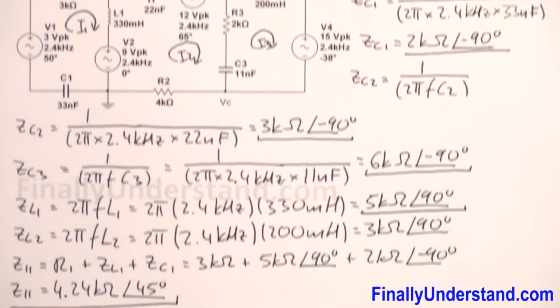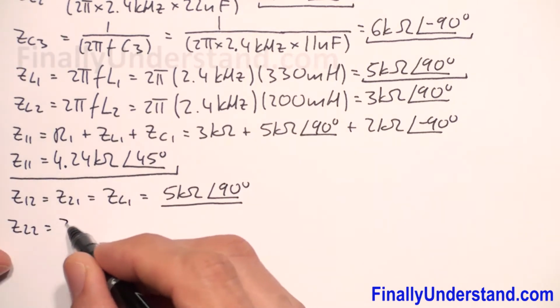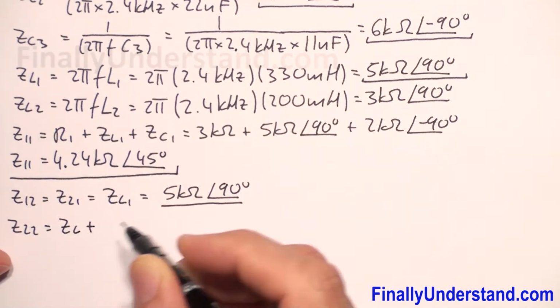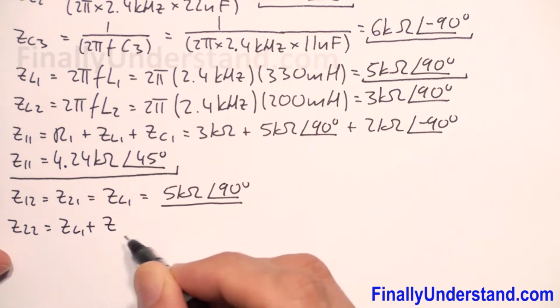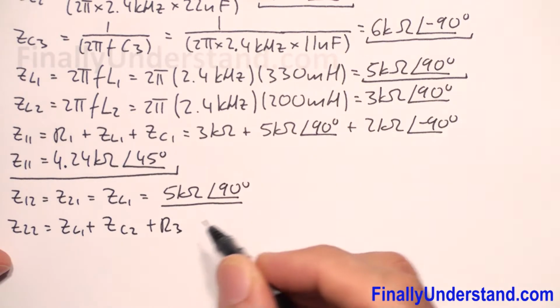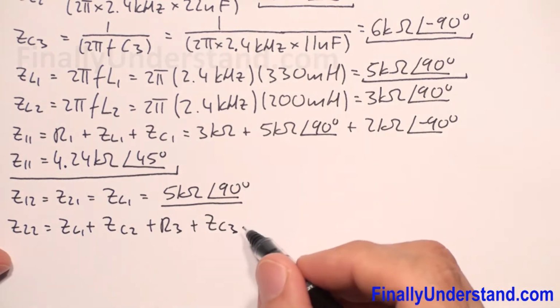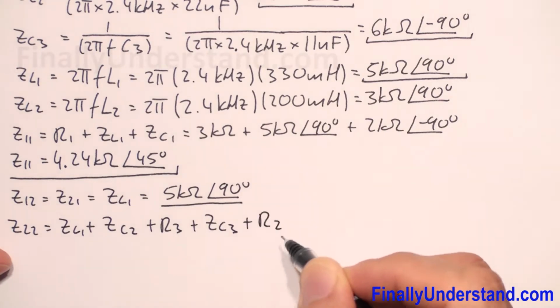Okay, so we have ZL1 plus ZC2 plus R3 plus ZC3 plus R2.